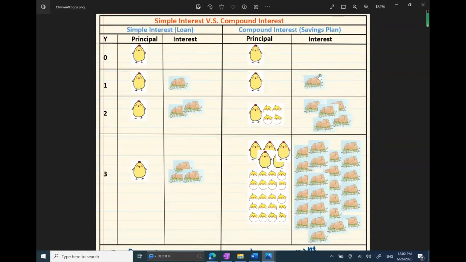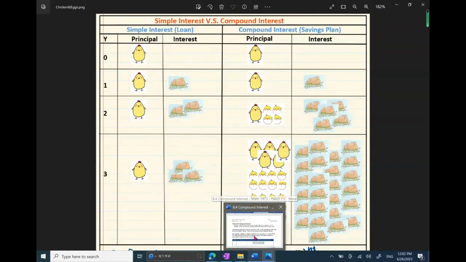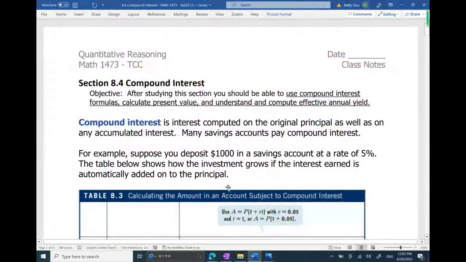Your interest will be part of the principal for the next year. So more chickens laying more eggs will give you more chickens, and you can see the exponential effect. When people say exponential effect, that refers to compound interest. Very powerful, very powerful.